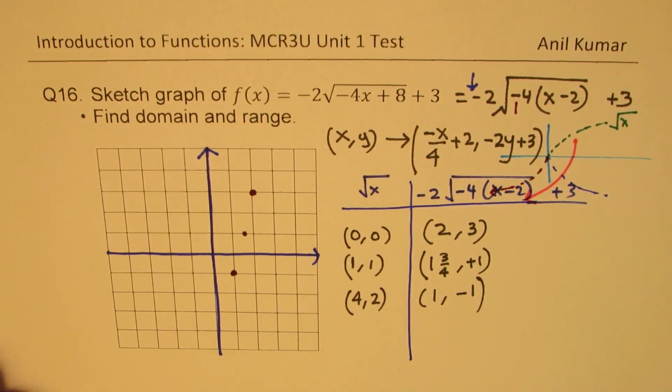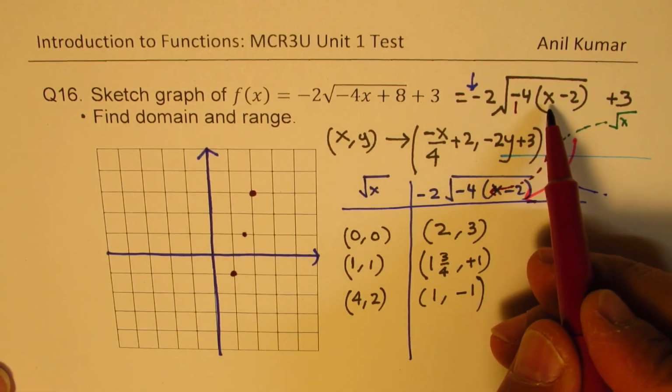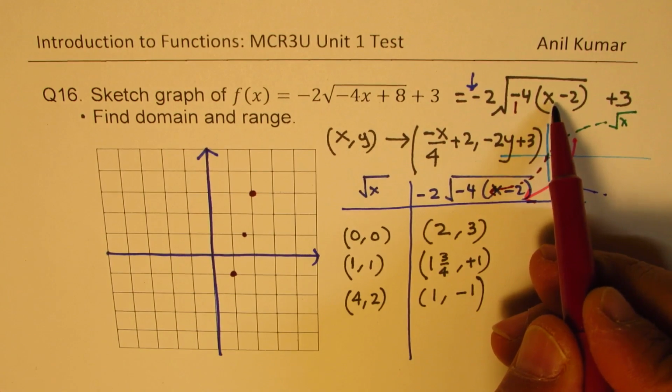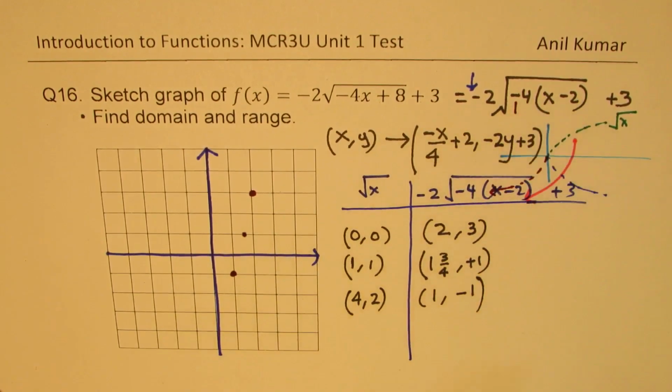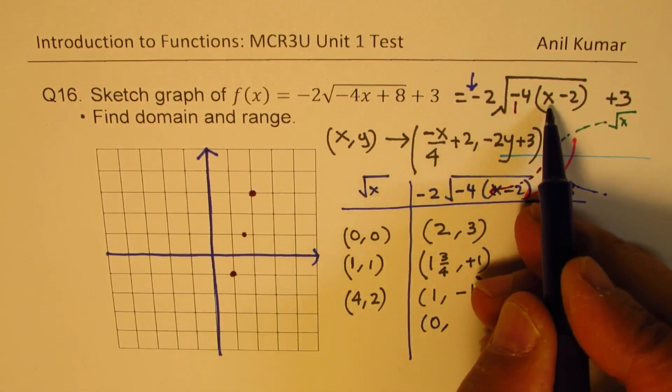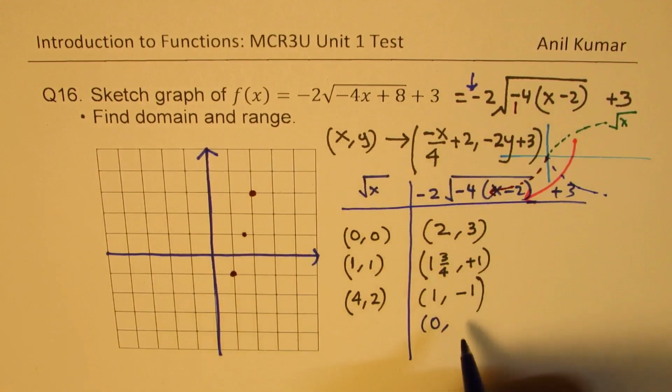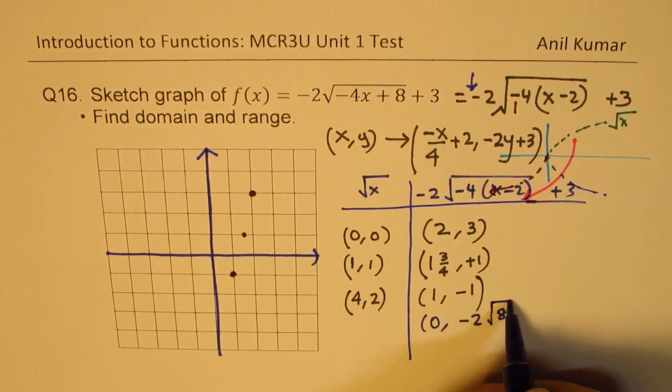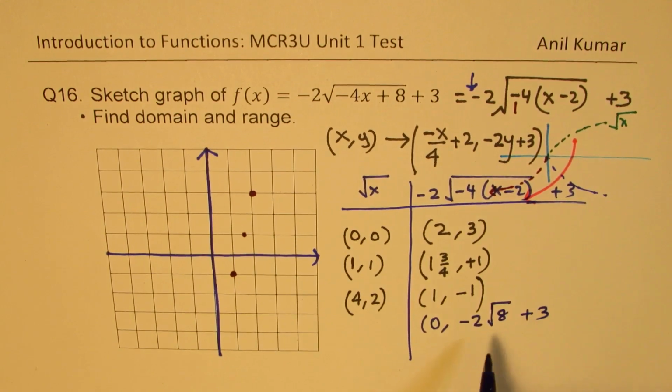Now, you could actually, from the function also, write this as 0, and then figure out a point, right? So if I write, I'm just substituting 0 here. So if I write x as 0, in that case, we have -2 square root of 8 plus 3, right? So definitely a big negative number.